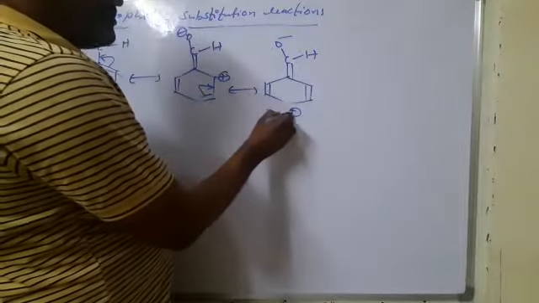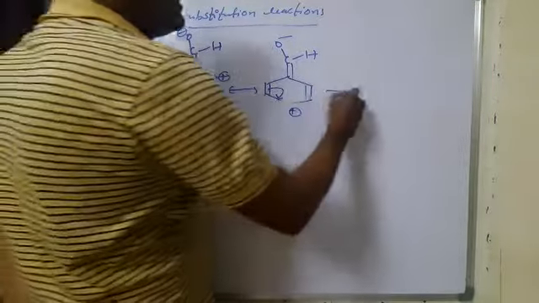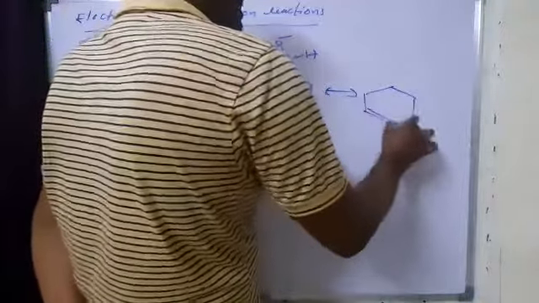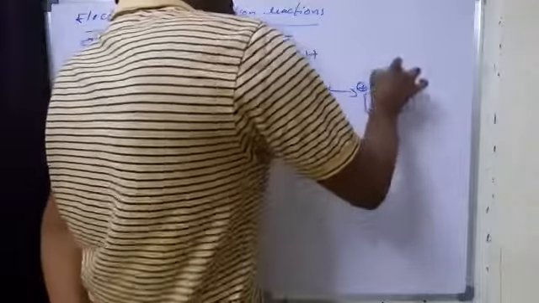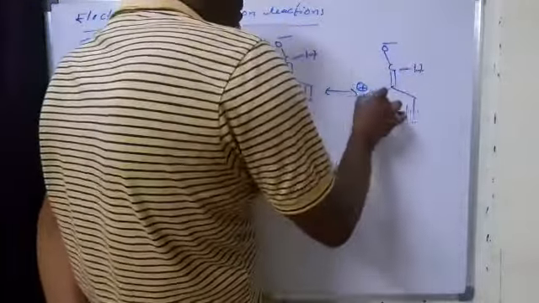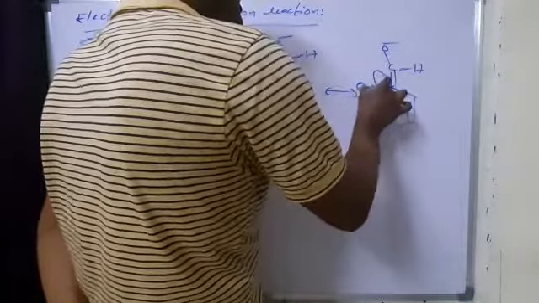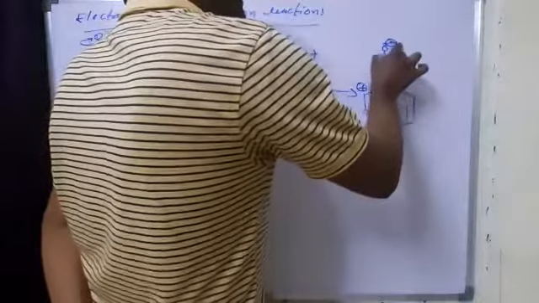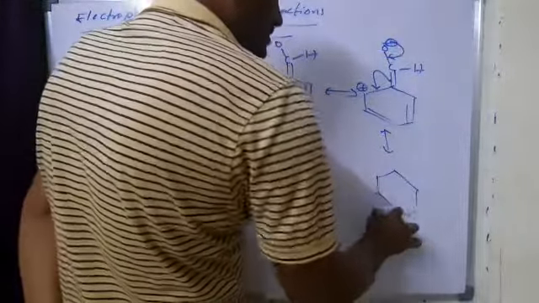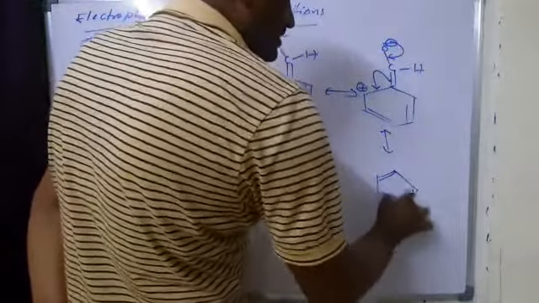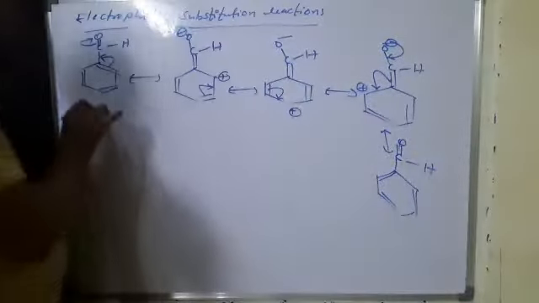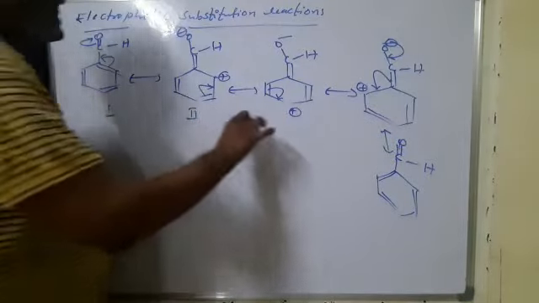Next again pi, sigma positive, now this bond migrates. Here a pi bond, now a positive appears, C-O minus H double bond. Next pi, sigma positive, this pi bond migrates, and the negative charge comes back. Now here double bond, here double bond, here double bond, C double bond OH. So there are 5 resonance structures.